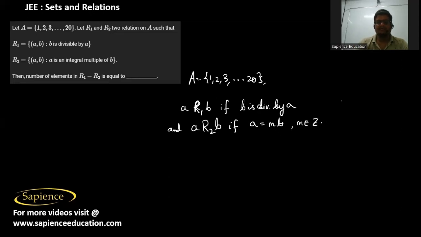So A is an integral multiple of B. So here it means B is a factor of A, or I can say A is divisible by B.